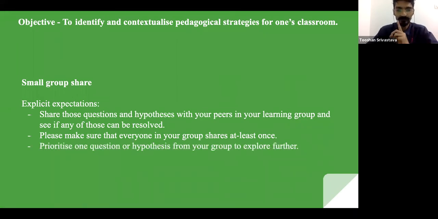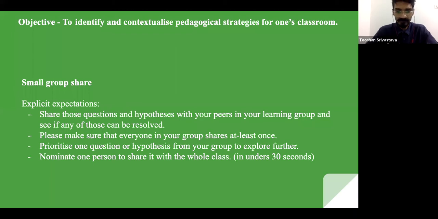Prioritize one question or hypothesis from your group to explore further. Out of all the things that are shared, there would be at least one question or hypothesis that cannot be resolved, so prioritize that to explore further. Nominate one person from your group to share it with the whole class, and they'll do that in under 30 seconds. So we'll come back and have a large group share.